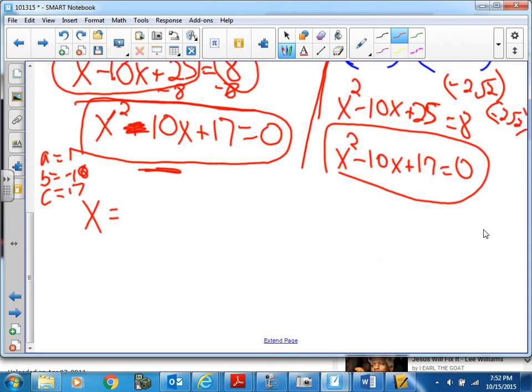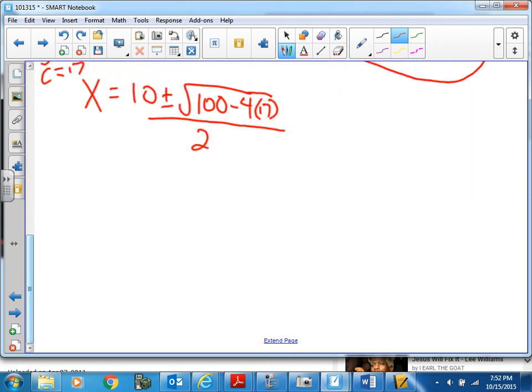So I'm going to have x equals negative b, so the negative of negative 10 is just 10, plus or minus square root of b squared, so you have negative 10 squared, which is 100, minus 4 times 1 times 17, all over 2a, which is just going to be 2.